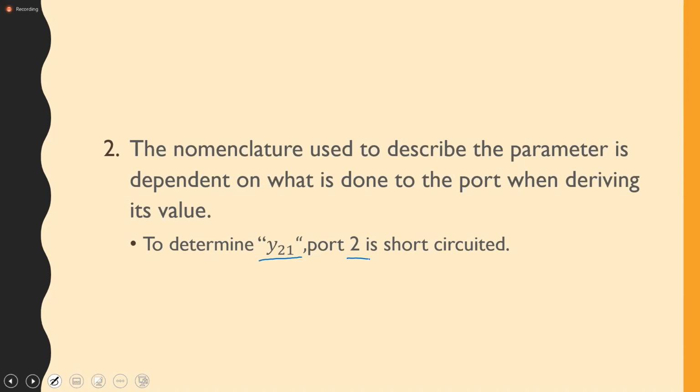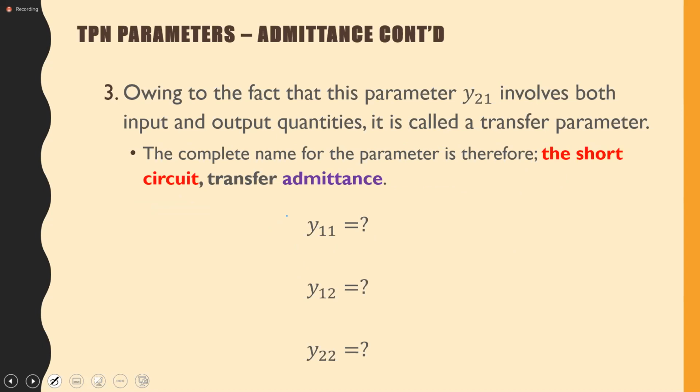So let us summarize everything that I just said with respect to this parameter, Y21. Here's the summary. Y21 involves both input and output quantities. That means it's transferred, in other words, it's going across the network.